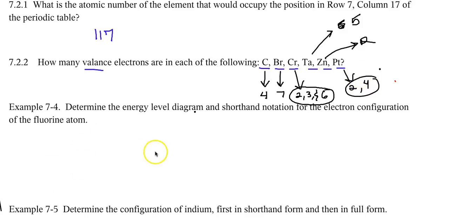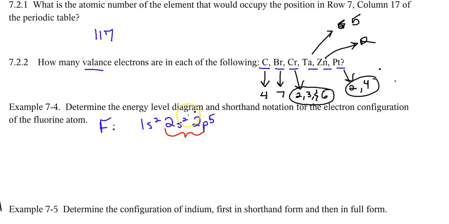Okay, next one, 7.4. Determine the energy level diagram in shorthand notation for electron configuration of the fluorine atom. So fluorine is 1s2, 2s2, 2p5. As you've learned, this is an unfilled energy level. It's the valence shell.